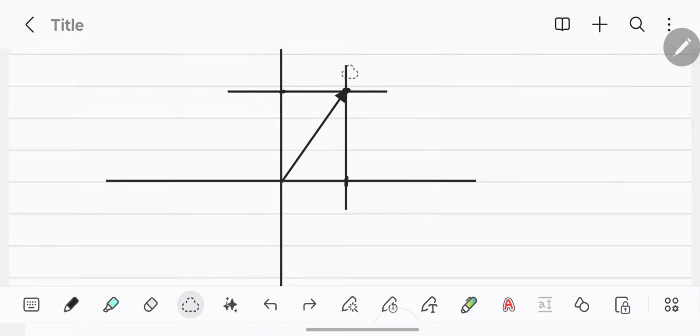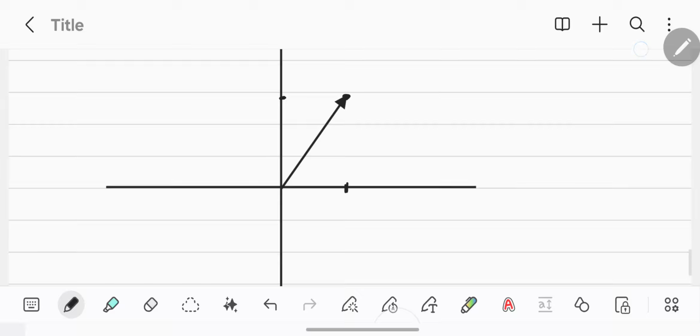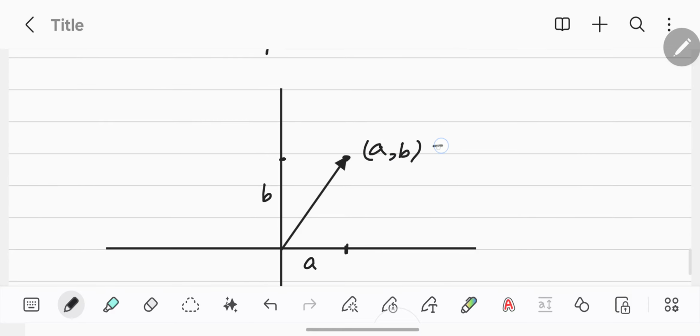Okay, now I will remove these lines because they are not needed. Here this is equal to a and this is b. So this point is a comma b. Suppose this is a complex number, a plus b iota.